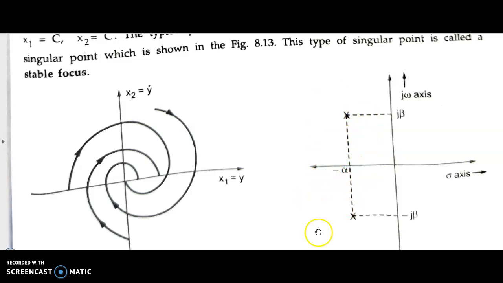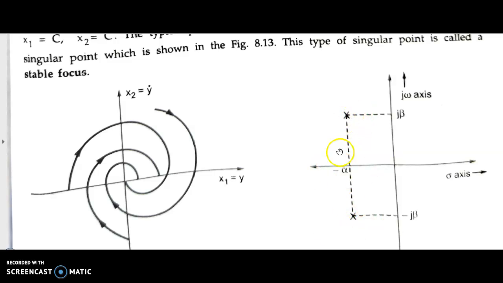If the roots exist on the left side of the graph, we can say the system is stable. I already studied this in the control systems subject. The singular point is called a stable focus. The roots are complex, my real value is minus and the imaginary value is plus or minus, existing on the left side.